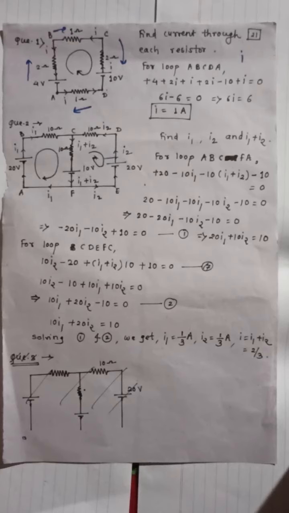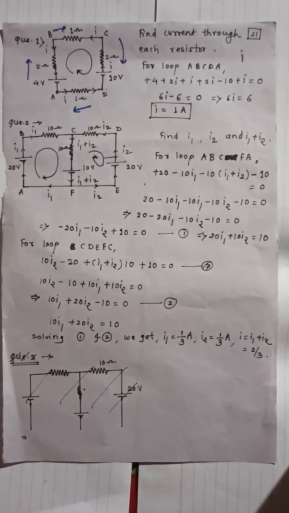Kirchhoff's first law is also called the current law or the junction law, and it states that the algebraic sum of the currents at any junction in an electrical network is equal to 0. That is, the sum of the incoming currents is equal to the sum of the outgoing currents.